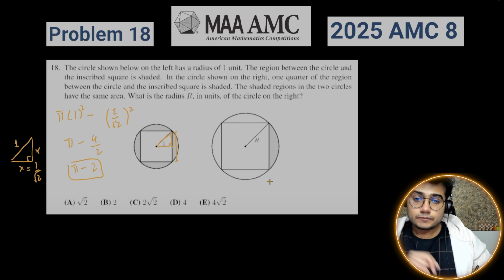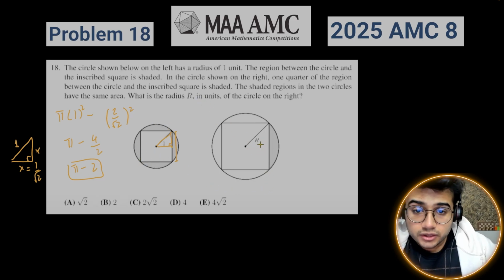Okay, now let's do something similar here. The area of the circle is going to be pi capital R squared. Okay, and then we can make this right angle triangle again, where this is equal to that, and what do we get?